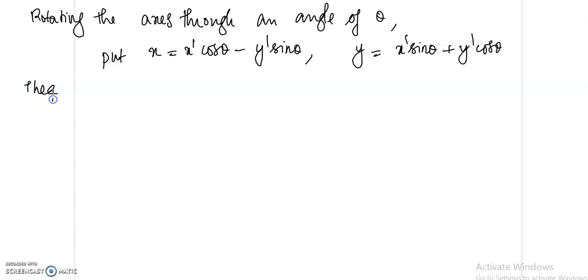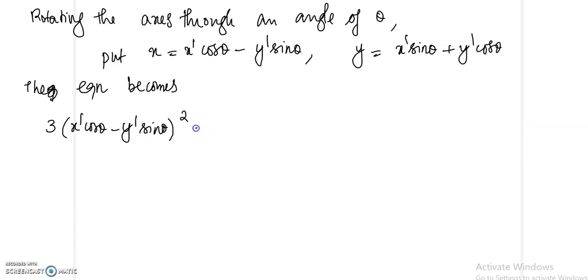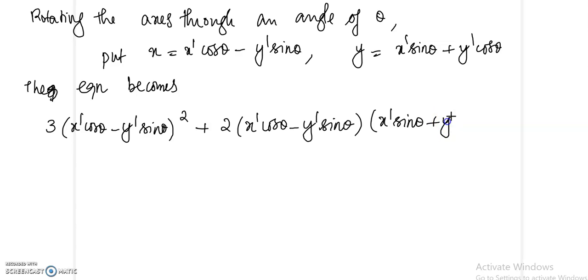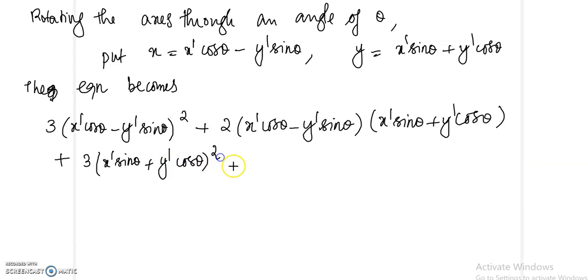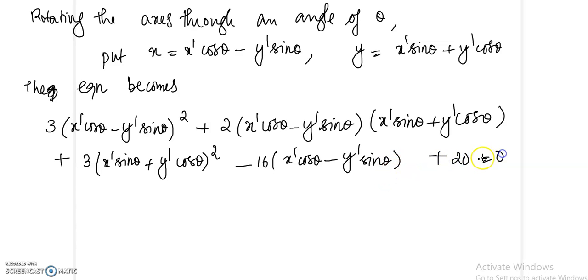So the equation becomes 3 (x dash cos theta minus y dash sin theta) whole square plus 2 (x dash cos theta minus y dash sin theta) into (x dash sin theta plus y dash cos theta), then 3 (x dash sin theta plus y dash cos theta) whole square minus 16 (x dash cos theta minus y dash sin theta) plus 20 equal to 0.